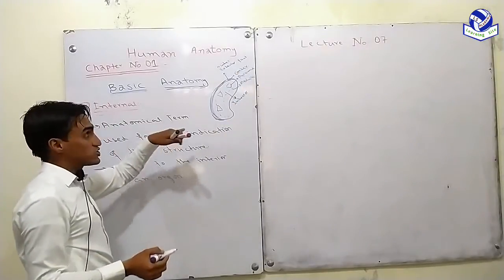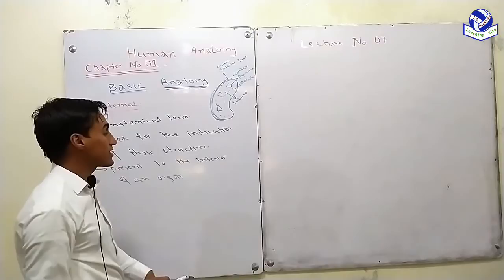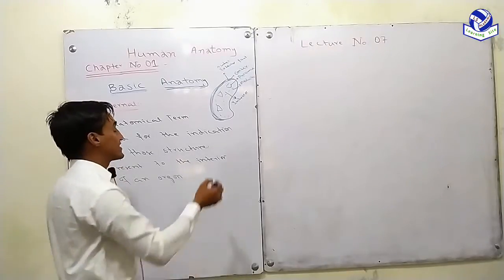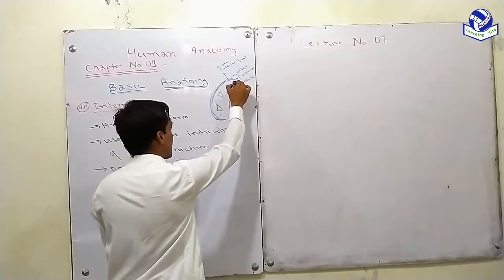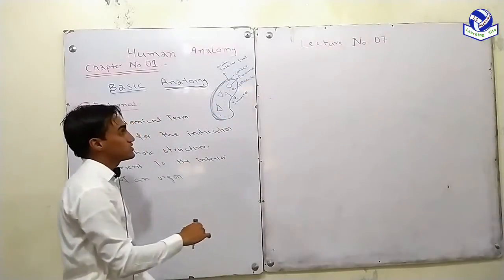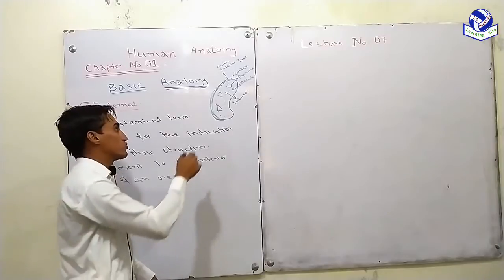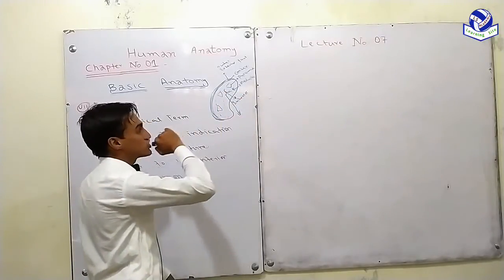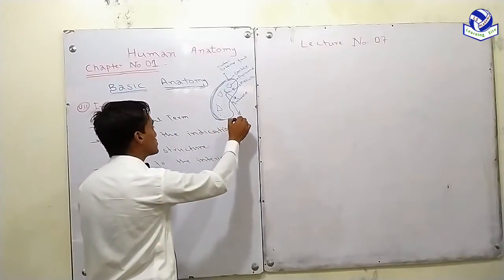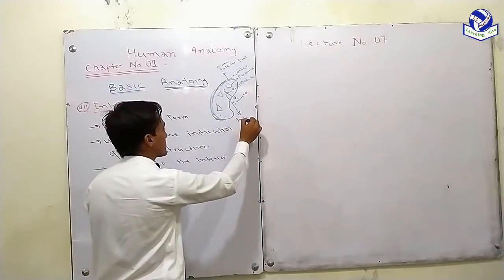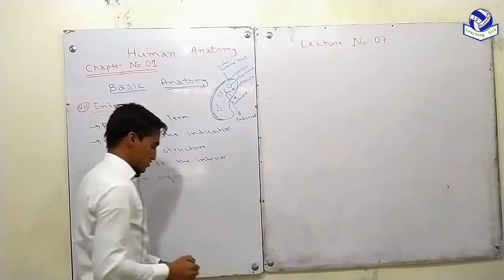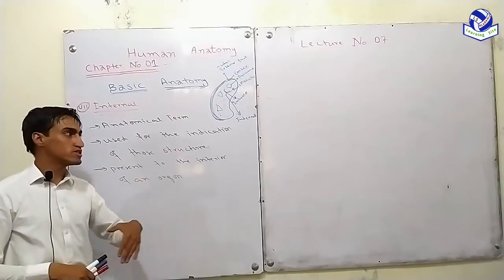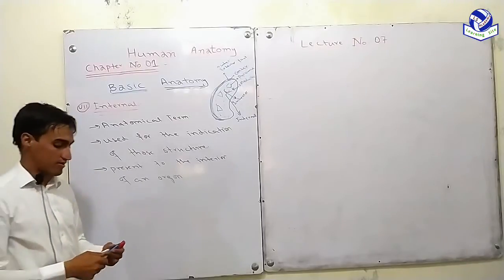So the structure which is present to the interior of an organ, for the indication of this structure we use the anatomical term internal. Medulla and pyramid are present to the interior of the kidney. So internal is used for the indication of those structures present to the interior of an organ.